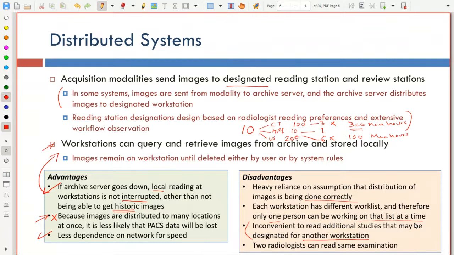Here, you have no control because the retrieval of the cases is direct from the modalities themselves. You don't have a central server that would supervise the allocation of cases to doctors. So this is definitely a disadvantage if you have a very large hospital.